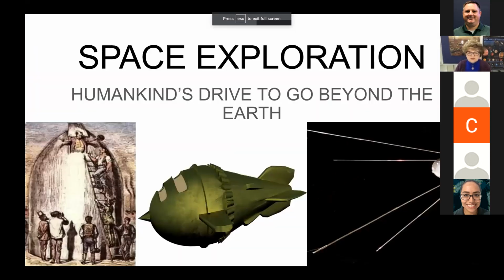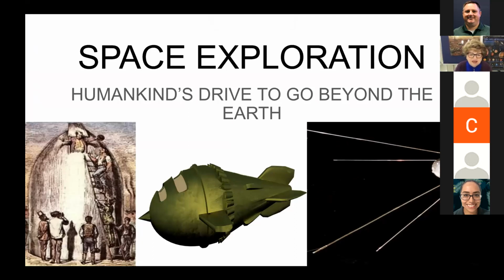So, space exploration, humankind's drive to go beyond the Earth. Over on the left-hand side is an illustration from a book written in 1865 by Jules Verne called From Earth to the Moon. And it's about what we've been doing, and we were actually able to actualize it over 100 years later.